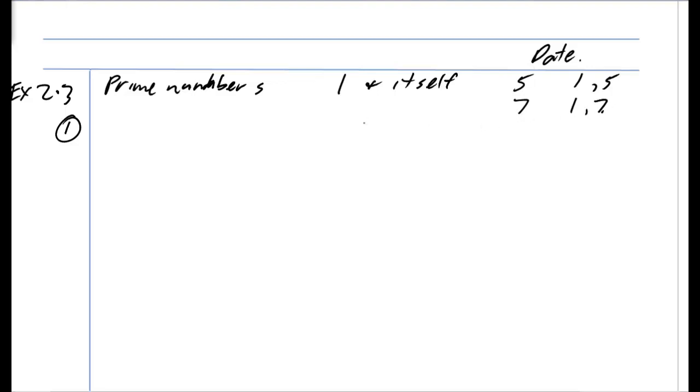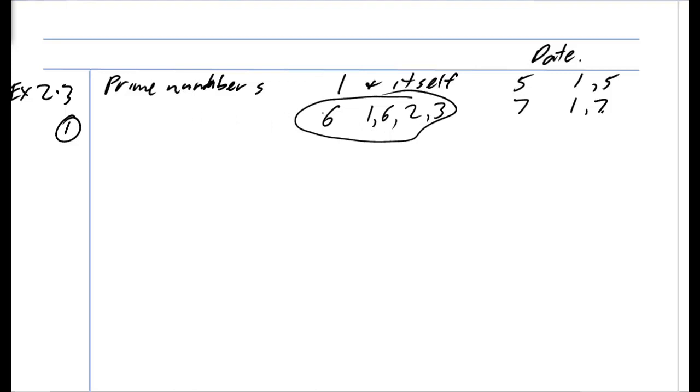However, if you've got the number 6, the factors of 6 are 1 and 6 and 2 and 3. So the number 6 is not a prime number because it's actually got other factors besides itself and 1.